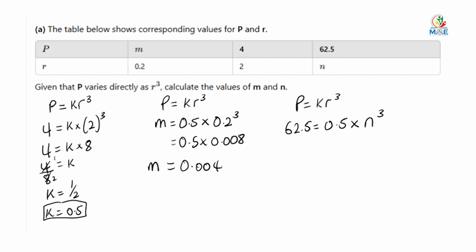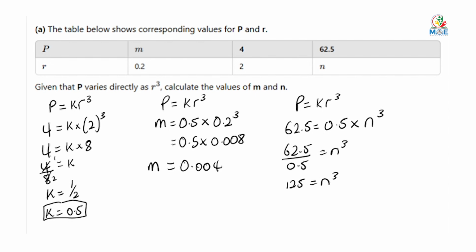So now that we want to solve for N, we can just take over the 0.5, let's multiply and take over, we'll divide. So you'll have 62.5 divided by 0.5 would give us N to the third power. So 62.5 divided by 0.5 would give us 125 is equal to N to the third power.